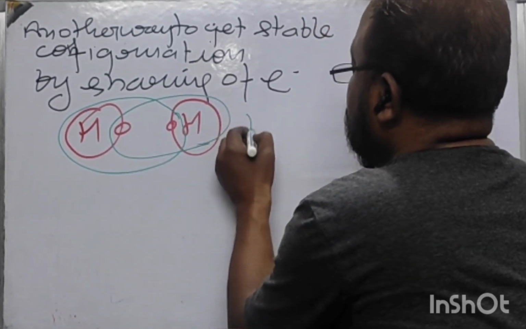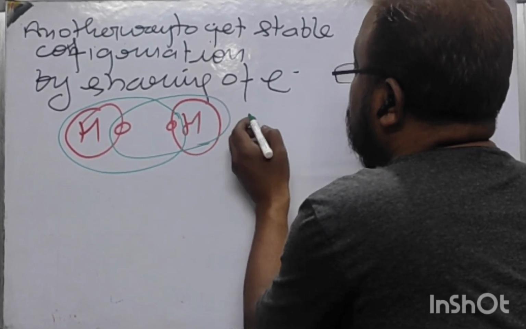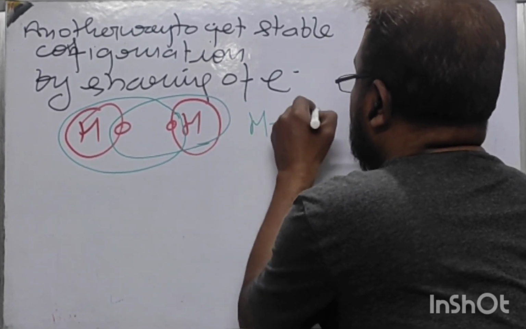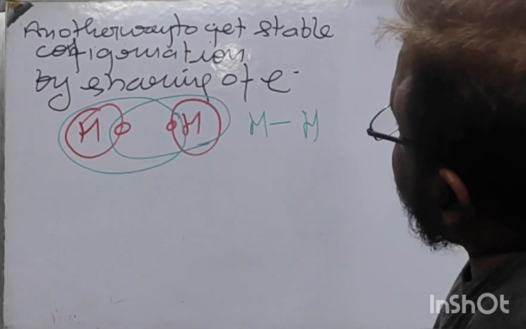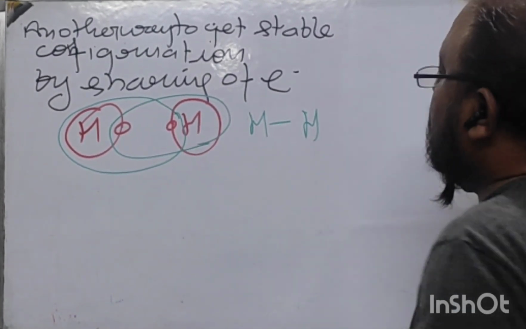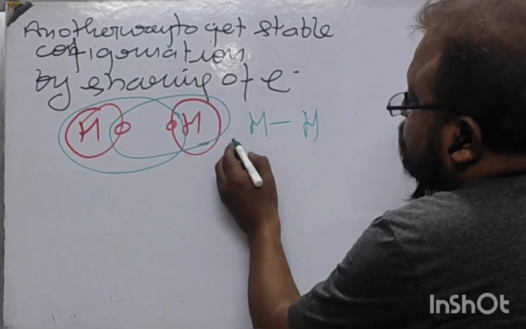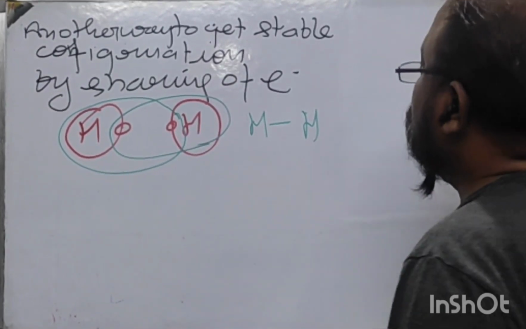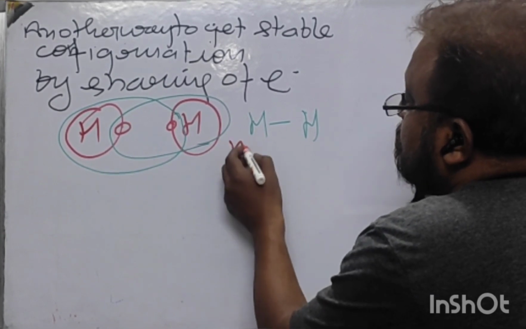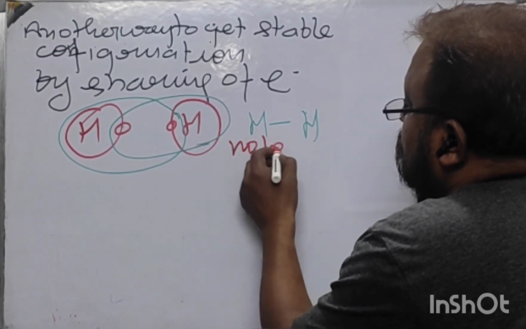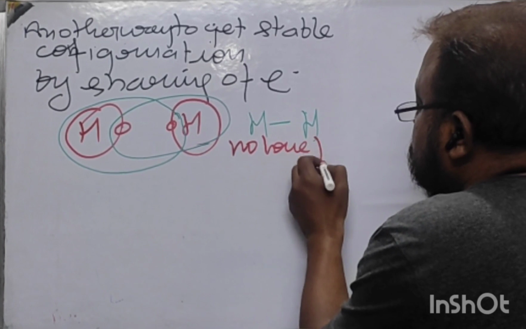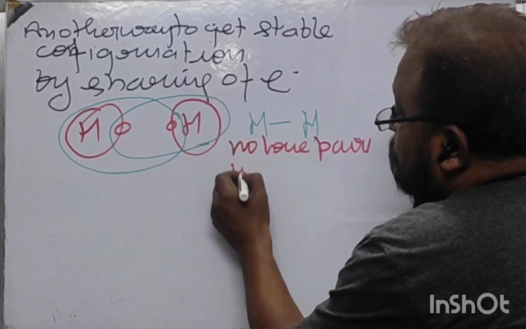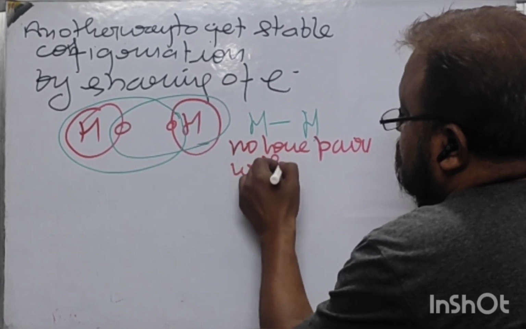So between hydrogen and hydrogen atom, there is a single bond, right? And no lone pairs with both.